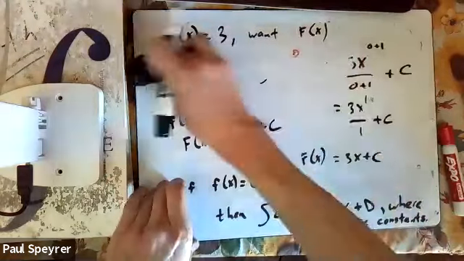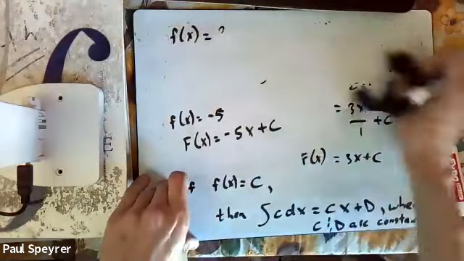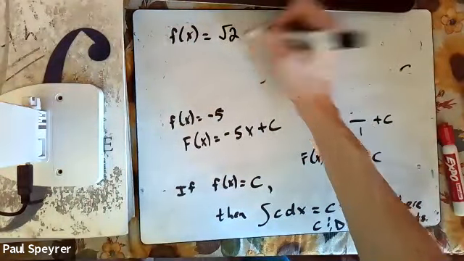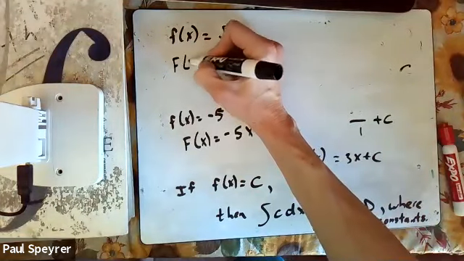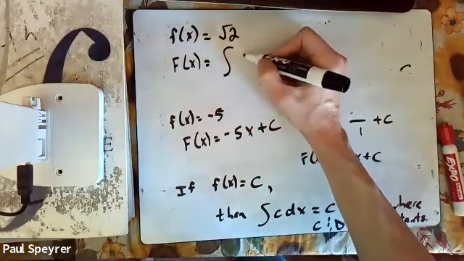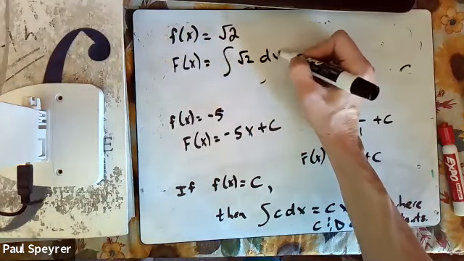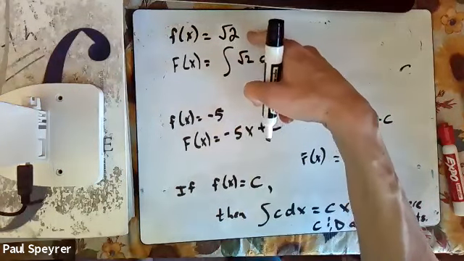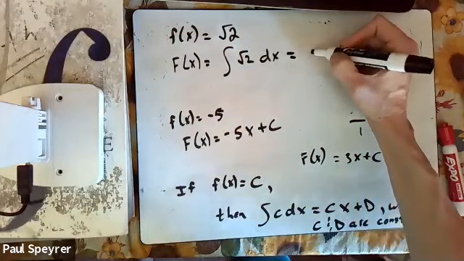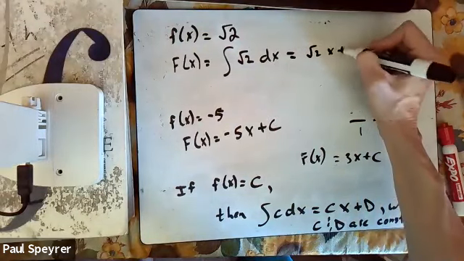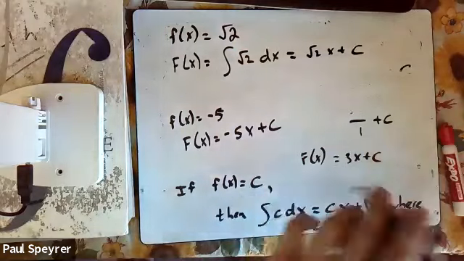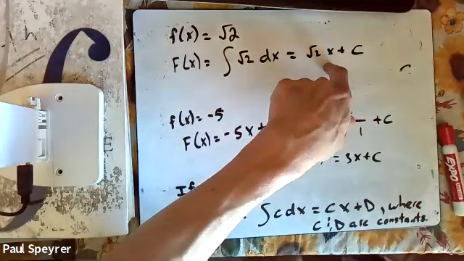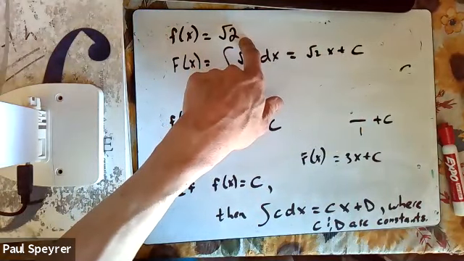But if I had f of x equals square root of 2, and we want to find the integral of root 2 dx, it would just be root 2 x plus c. How can we check this? If I take the derivative of this antiderivative, I should get back to the base function, which we do.